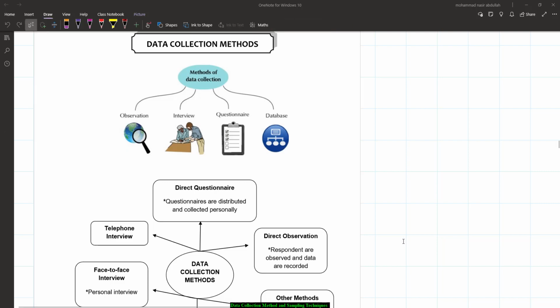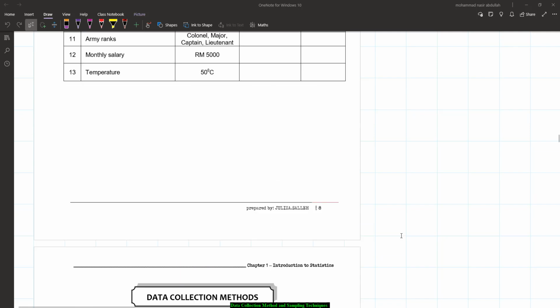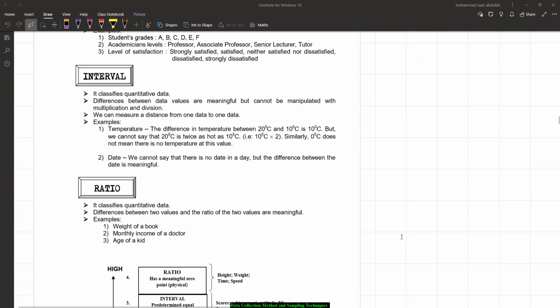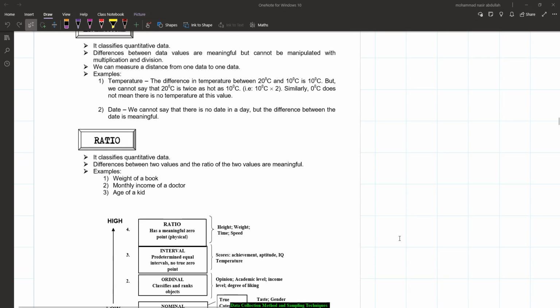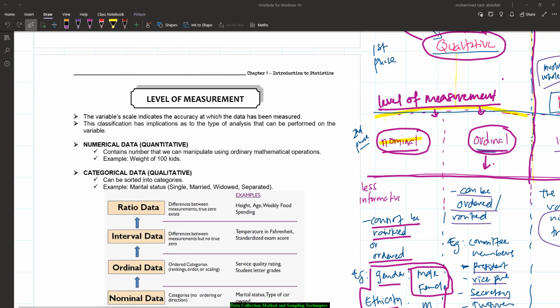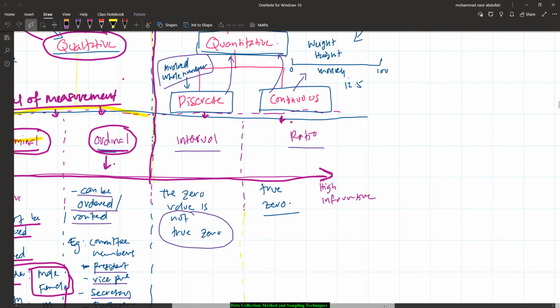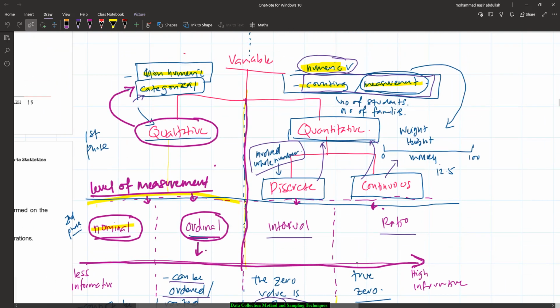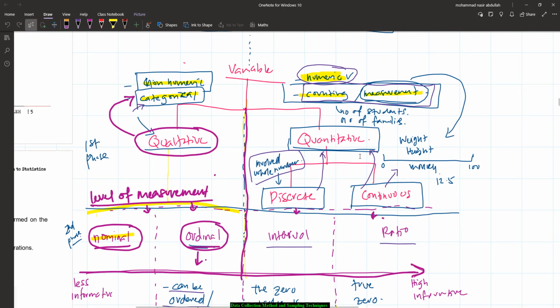Right, so today we're going to continue on the next topic under chapter number 1. Remember, you have learned data collection and level of measurement. We already know the definition of variable and the definition of data, and we can differentiate between these two. Under variable, we have two types of variables, qualitative variables and quantitative variables.